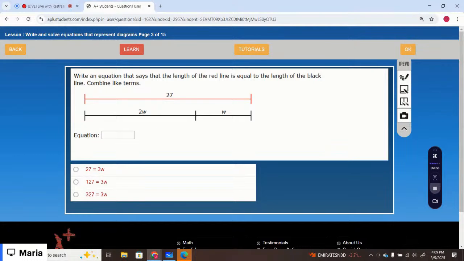Write an equation that says the length of the red line is equal to the length of the black line.